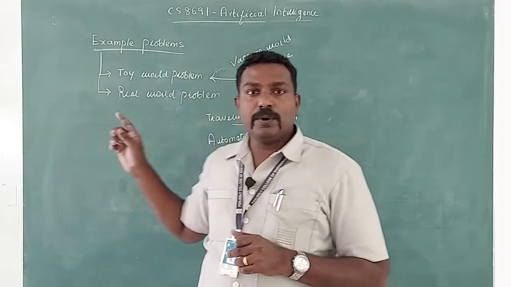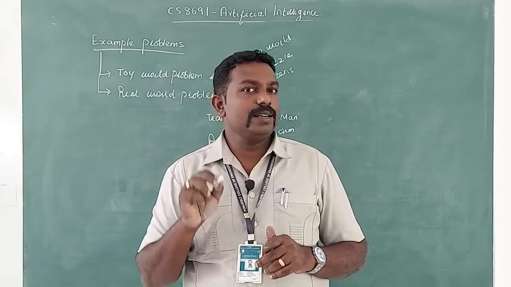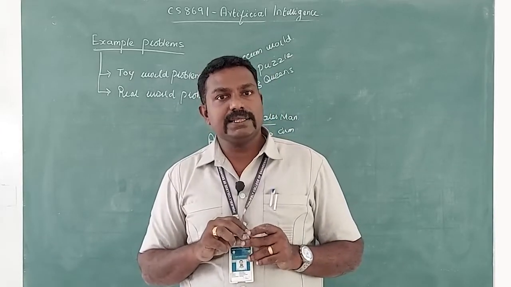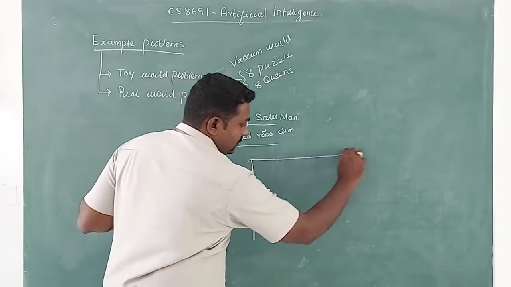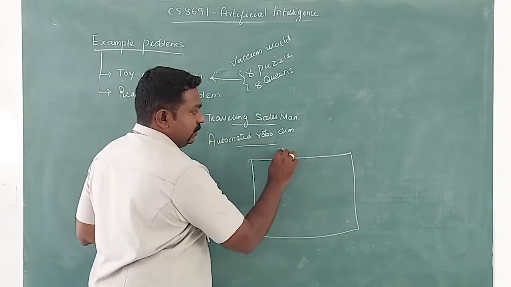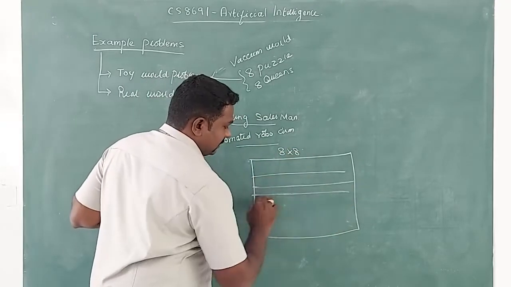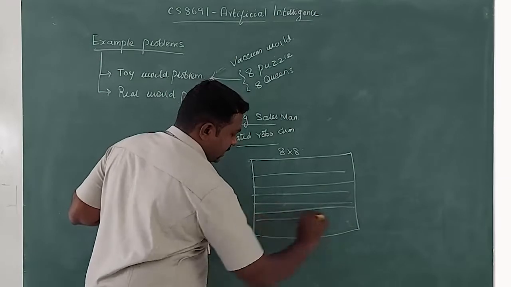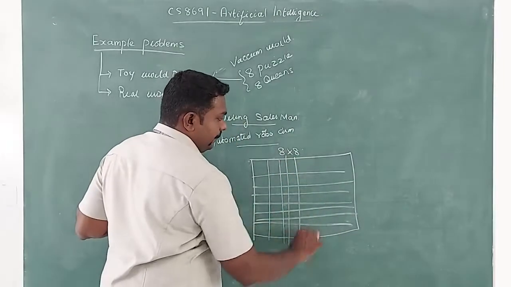So in the toy world problem, there is the 8 queens problem. You have already learned the 8 queens problem in your second year in data structures. I hope you remember there will be 8 columns and 8 rows, an 8 into 8 cross matrix, right? And what are the conditions for the 8 queens problem?